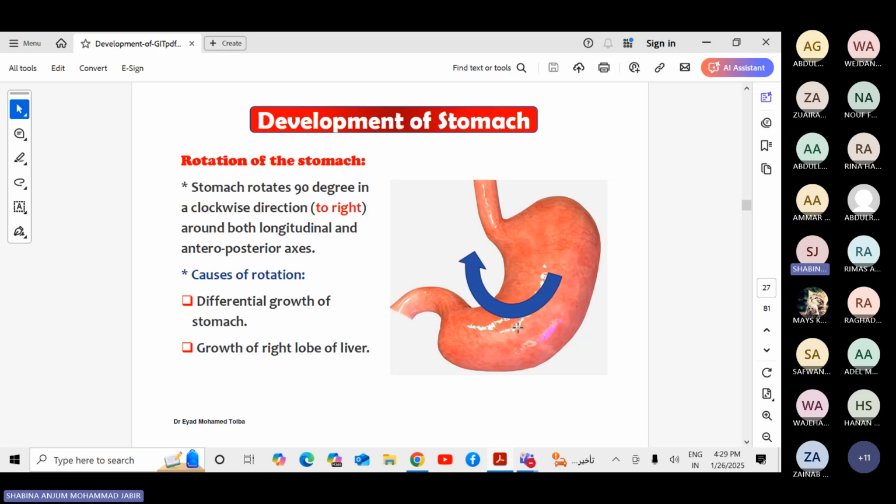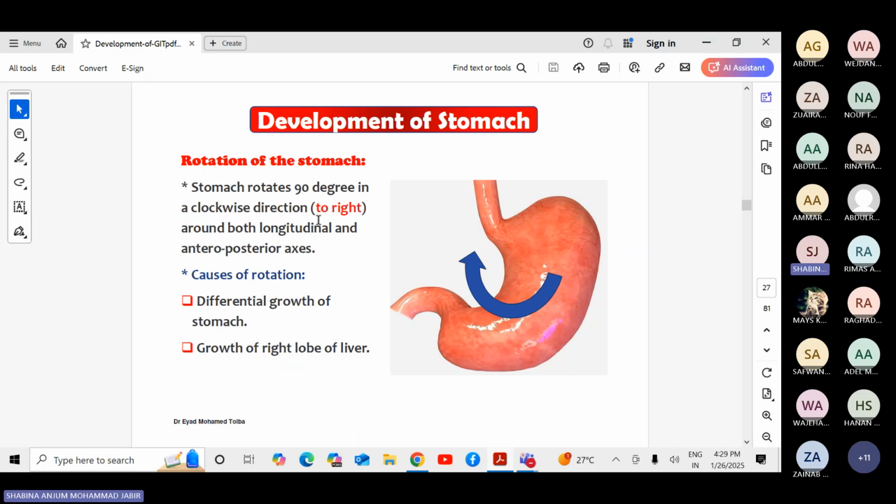Now the stomach should rotate in such a manner that it gets its normal position, like the greater curvature on the left side and the lesser curvature on the right side. So this will take a rotation of 90 degrees in a clockwise manner, meaning to the right side.